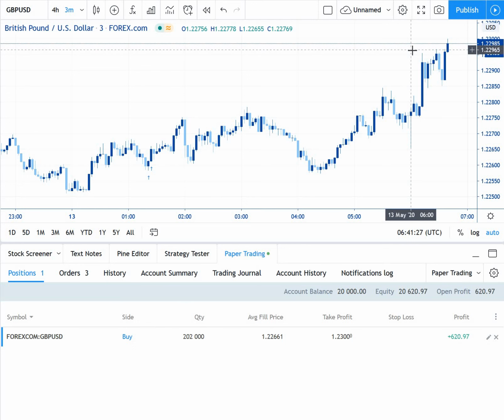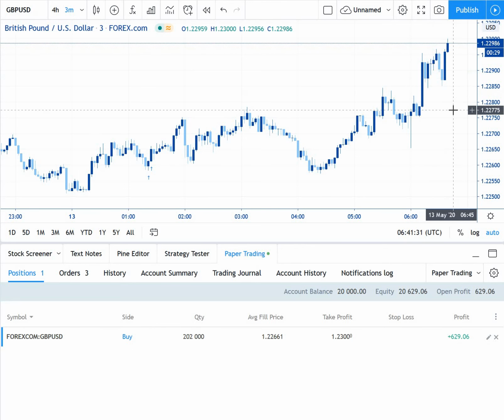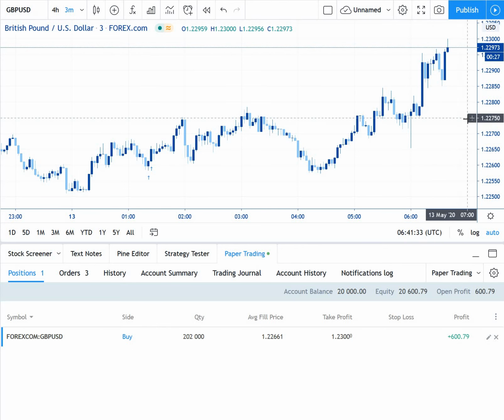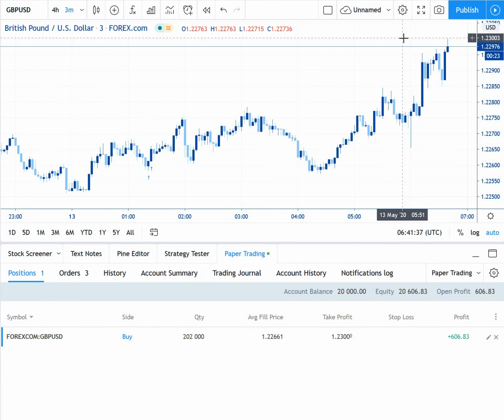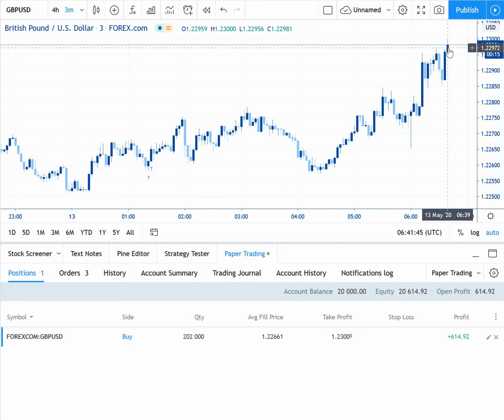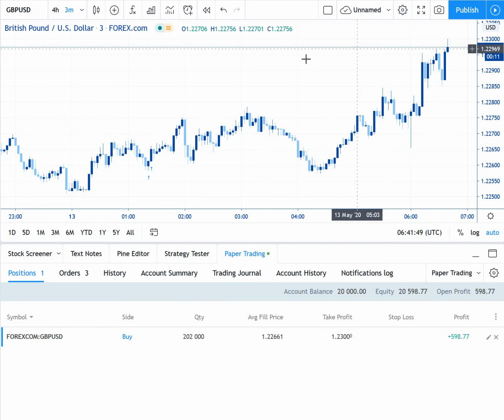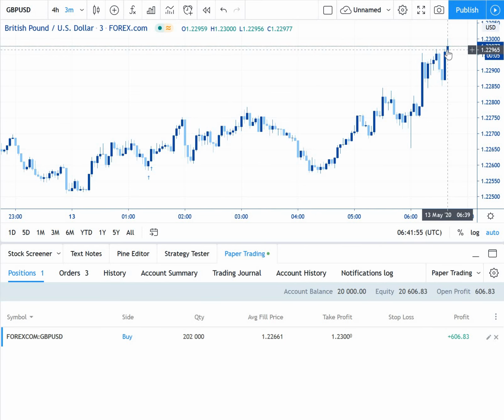Okay, it went back up. We actually reached 23 big figure. We didn't get filled, but it actually got there. You can see here, that's the high of the candle. So here, high, with this number here, high, 23, 123.